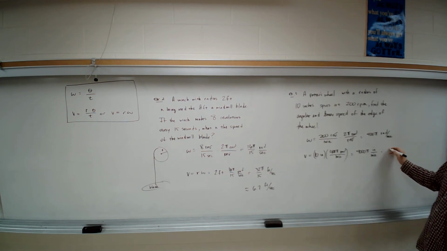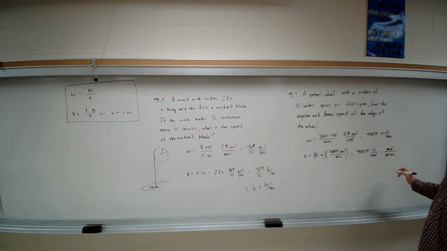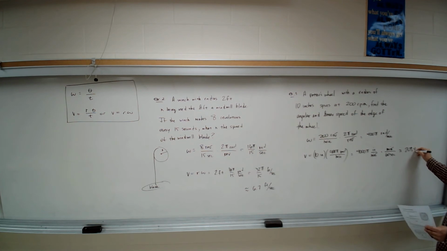So here, let's go ahead and do 1 minute is 60 seconds, and then we're just going to get an approximation here. And that is 209.44 inches per second would be how far a point on the edge of that wheel traveled.